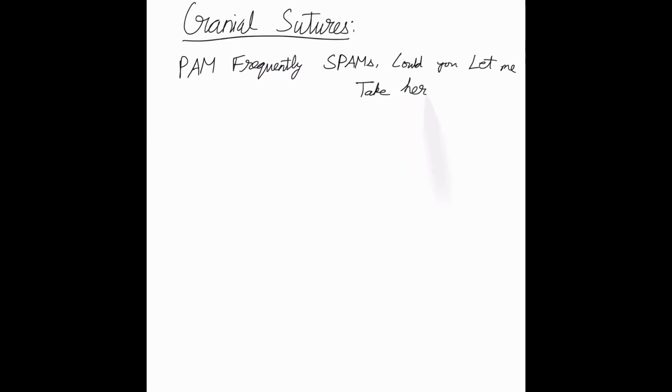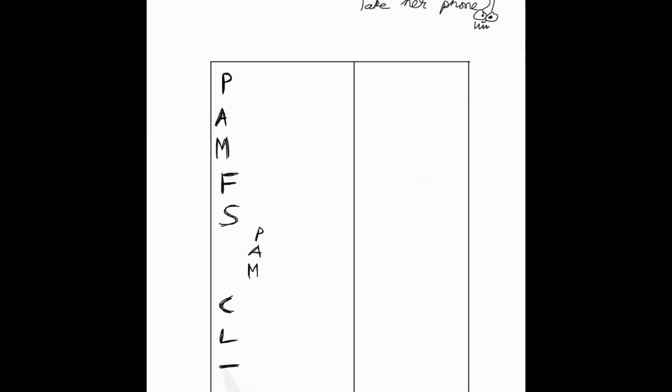Moving to the closure of cranial sutures, here's a small mnemonic from my side that might help you remember the order of suture closure. Pam frequently spams, "Could you please let me take her phone?" Okay, it's just, "Could you let me take her phone?" So let's now spell out the mnemonic in this table.